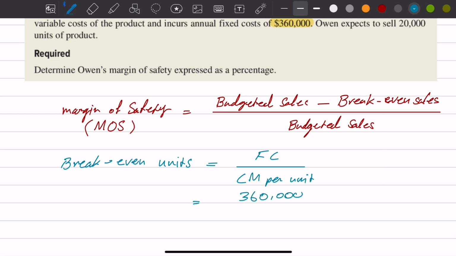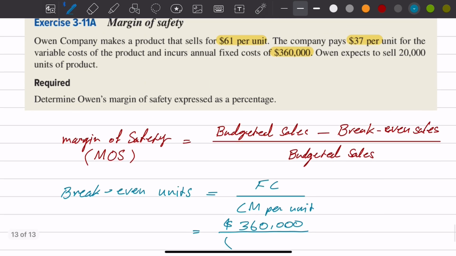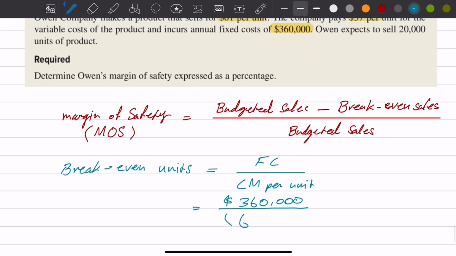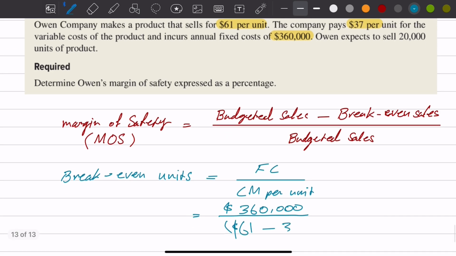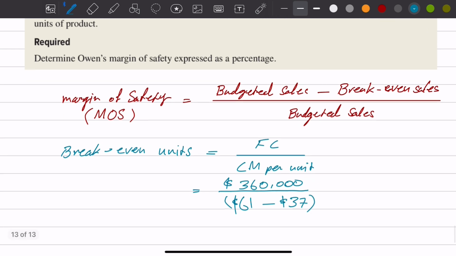Okay, so that's going to be $360,000 divided by the selling price $61 minus $37, which is the variable cost per unit. Okay.